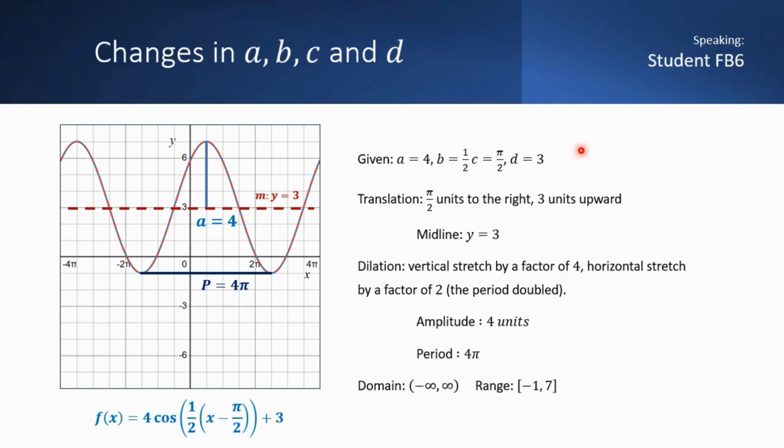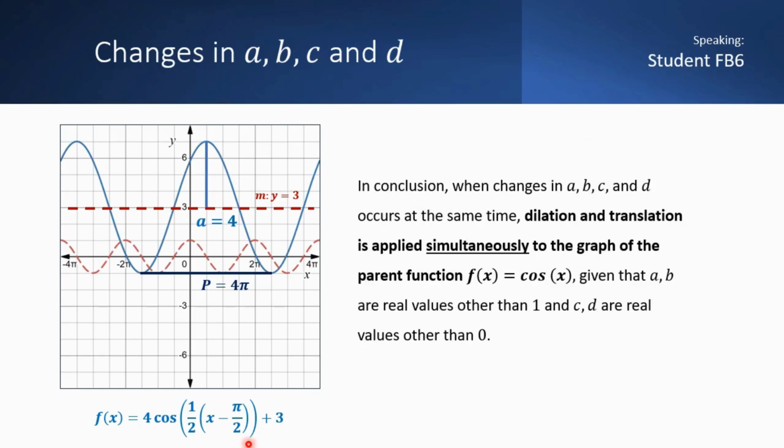Given all that, the domain of our function is still all real numbers, since there is no restriction after all, and the range went from negative 1 inclusive to 1 inclusive. It became negative 1 inclusive up to 7 inclusive.